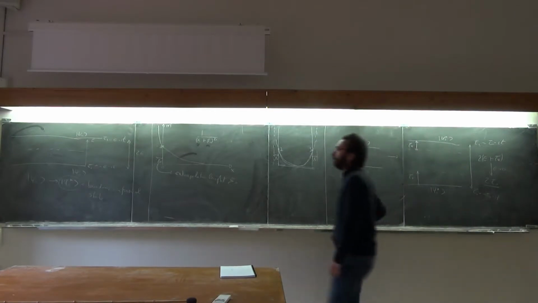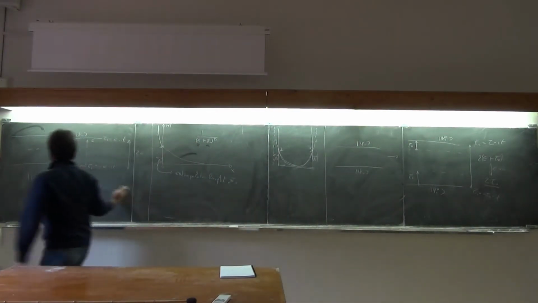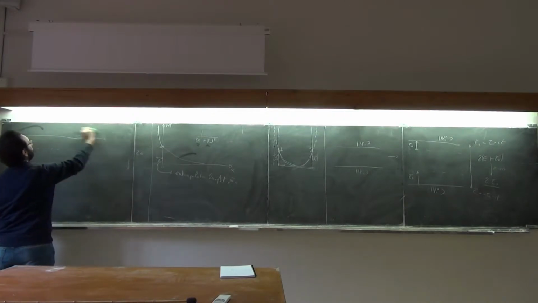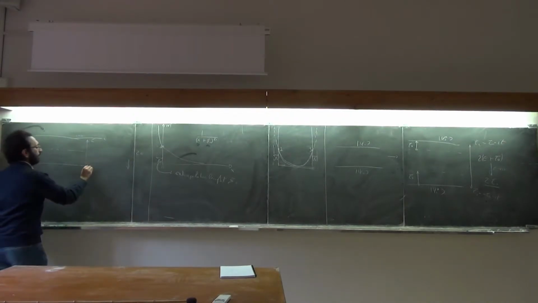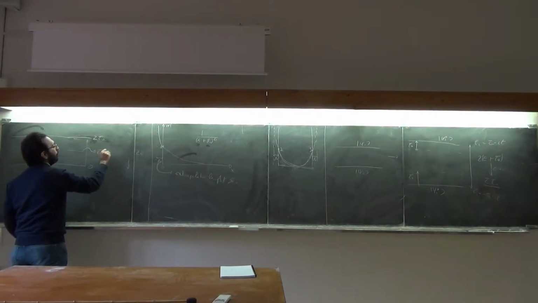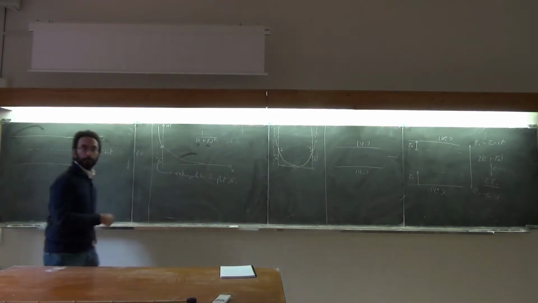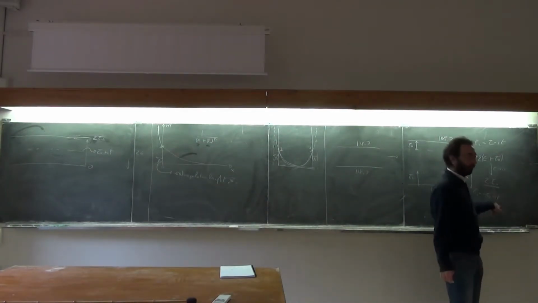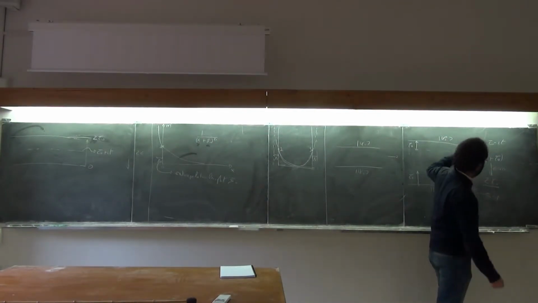If we do so, our final geometry is the following: 0, 2 tau naught, and the operators are inserted at tau naught plus iT. So I added tau naught plus iT to everything, obtaining 0, and here 2 tau naught.